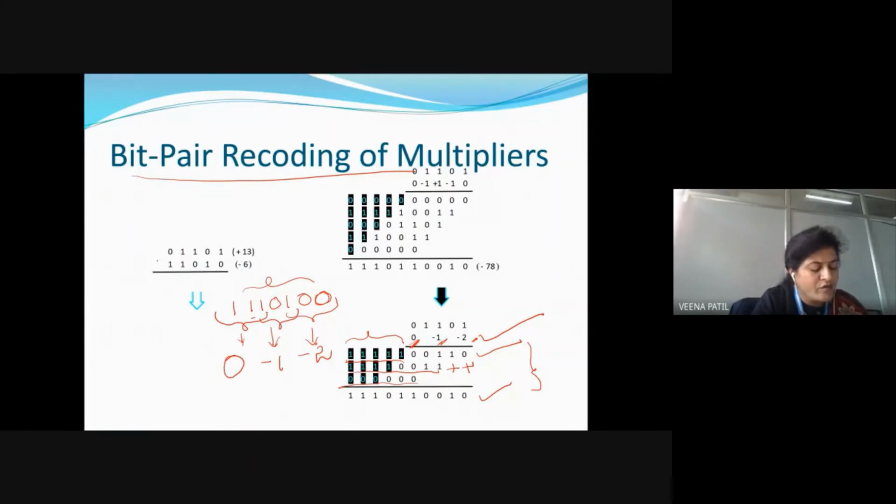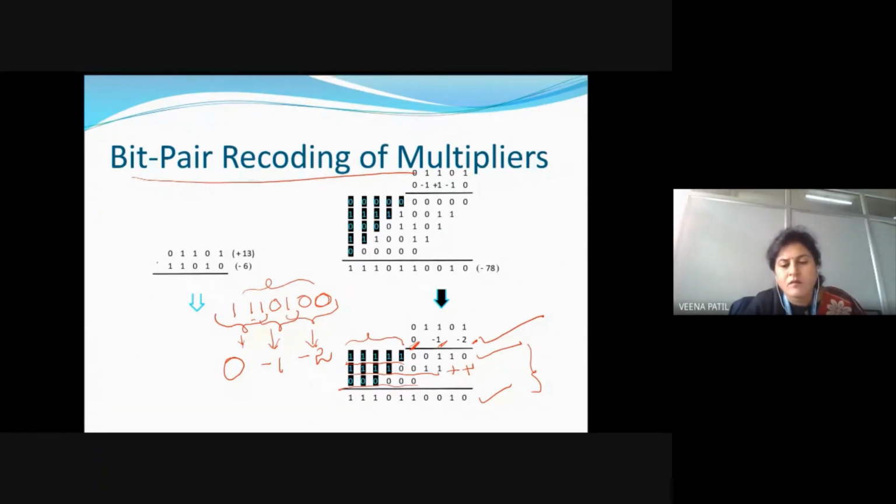Are you able to perform this? How many of you understood this? Put a message, yes or no. I want to understand whether I have to repeat or not. Put Y or N so that I will understand.